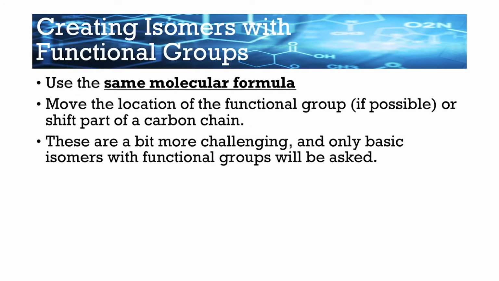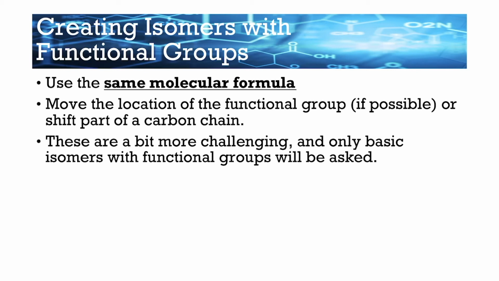Okay, last example, or last section, is creating isomers with functional groups. So again, our key goal is to have the same molecular formula, but a different structure. So a key tip for this is, if it's possible, you can take the functional group and put it somewhere else, or you can move part of the carbon chain and create a branch.